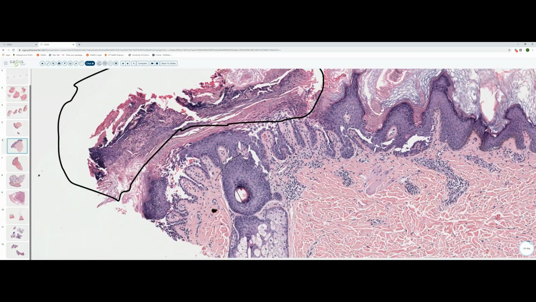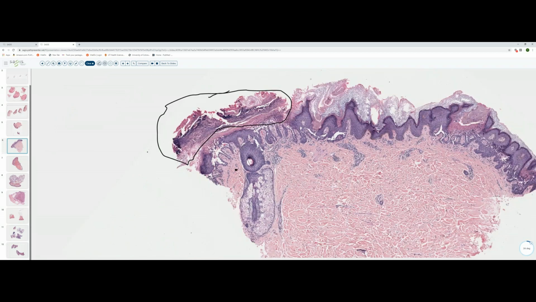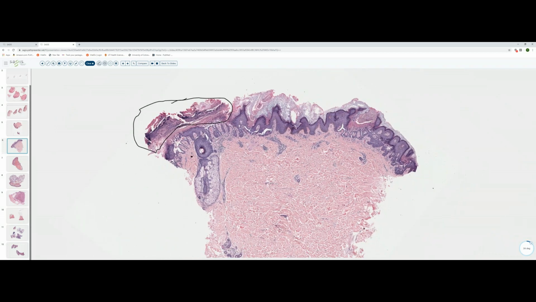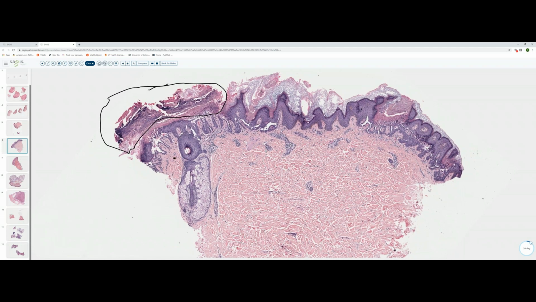This is a reaction pattern that in and of itself is not diagnostic of any one given condition, although its presence is requisite for the diagnosis of certain conditions. So when you see FAD, the possibilities are Darier's disease, Grover's disease, or a warty dyskeratoma, which is basically a cyst, a follicle, or a duct which contains acantholytic and dyskeratotic cells.